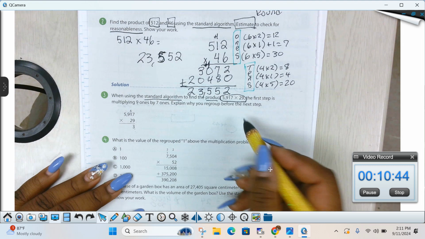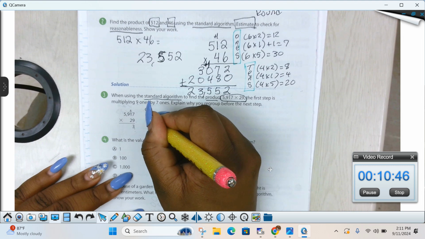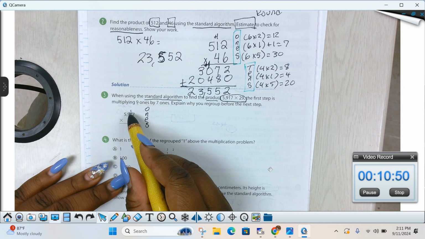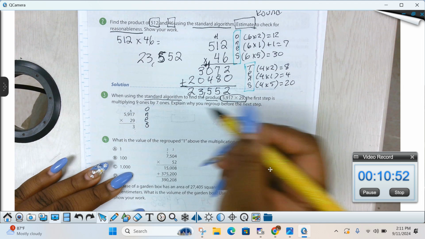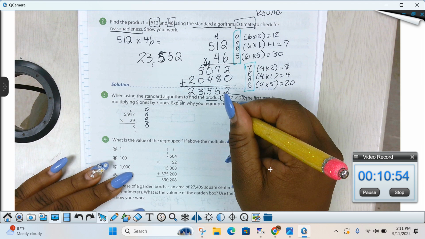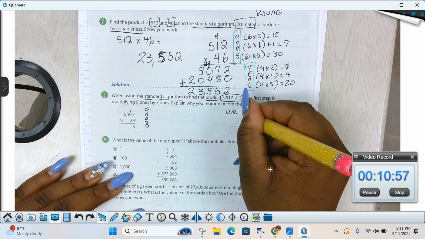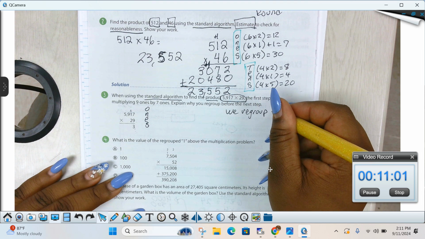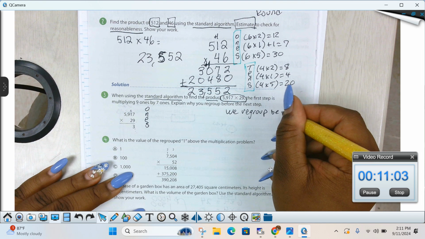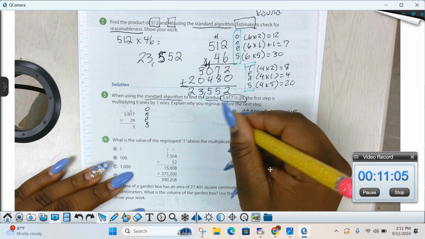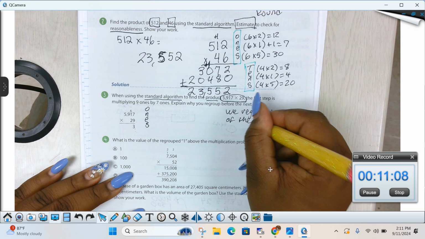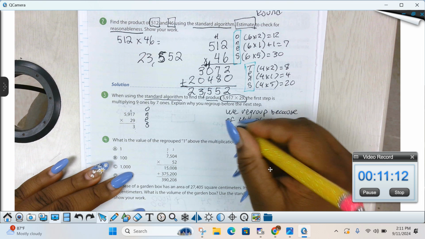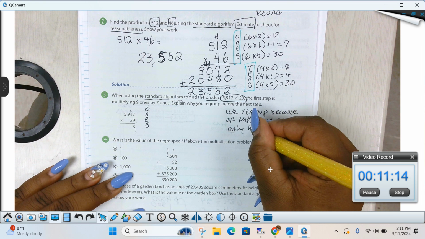Explain why you regroup before doing the next step. Well, we know that we have to do the ones, and we are carrying them because they're moving to another place value. So here we regroup because of the place value can only hold.